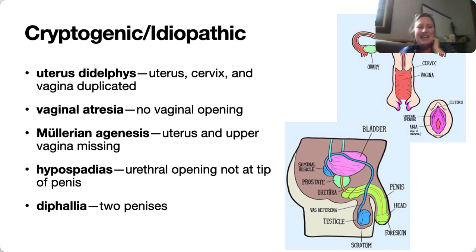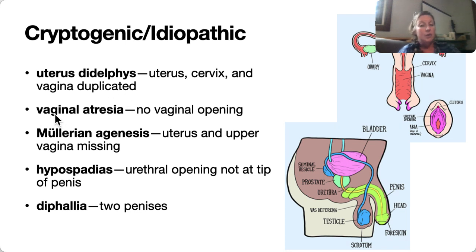All right, last category of these differences is what we call cryptogenic or idiopathic. We don't know how it happened, but these things happen. So there's something called uterus didelphys, which is where the uterus, the cervix, and the vagina are duplicated. So there's two sets of the internal female anatomy.